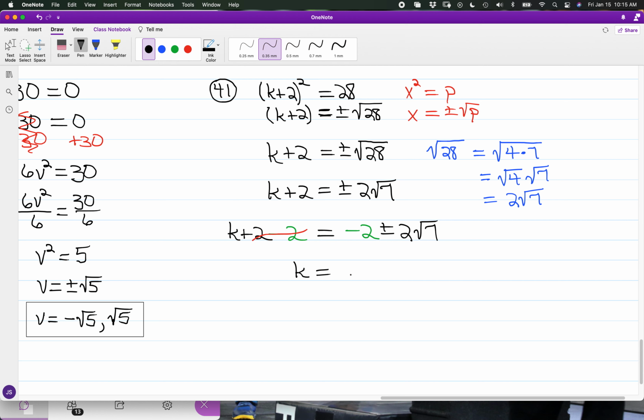So we have k is equal to negative 2 plus or minus 2 times the square root of 7. And just drawing out the separate terms, I have negative 2 plus 2 times the square root of 7, as well as negative 2 minus 2 times the square root of 7.